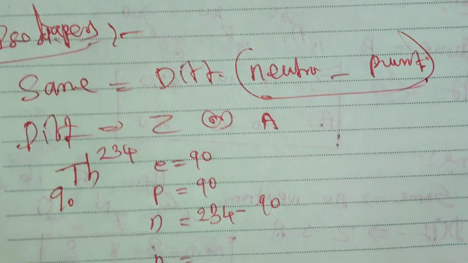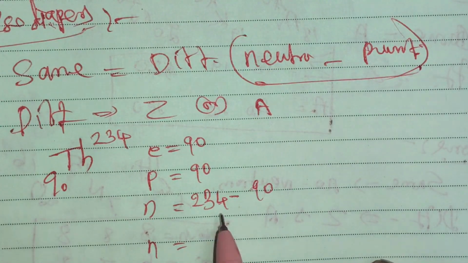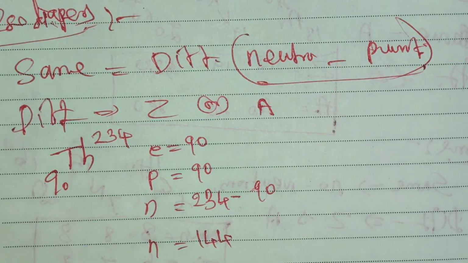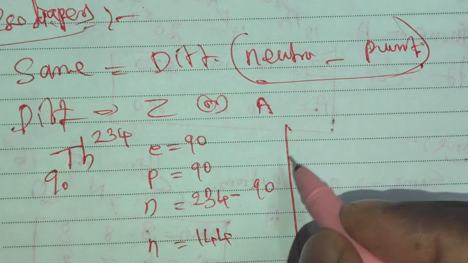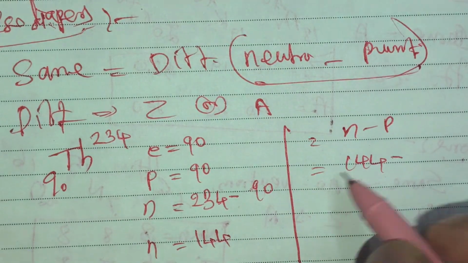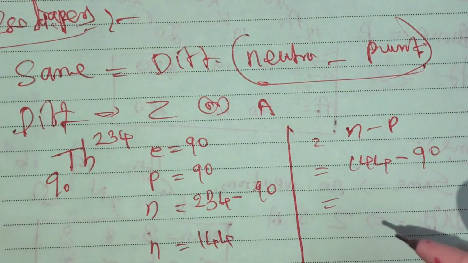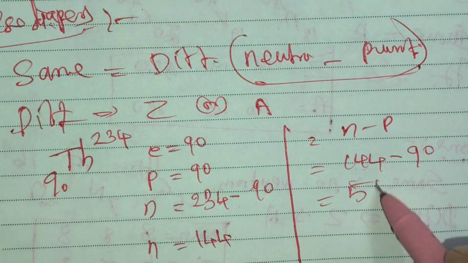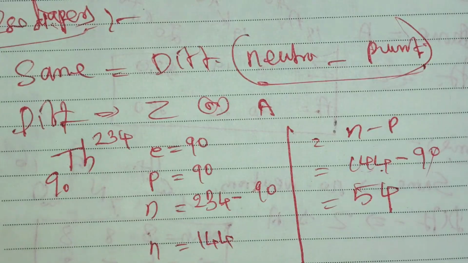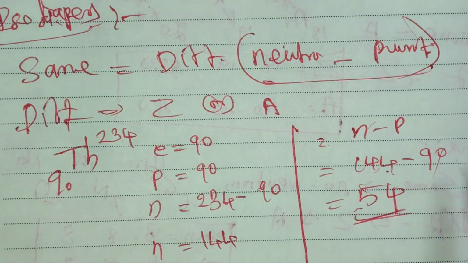So the difference, neutrons minus protons, is 144 minus 90, which is 54.